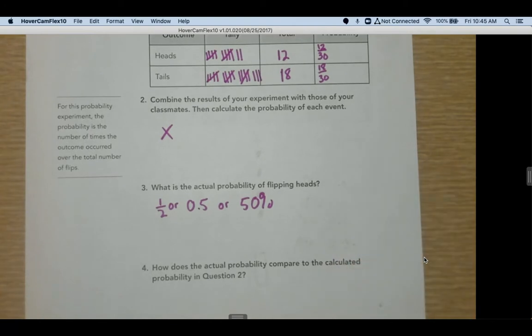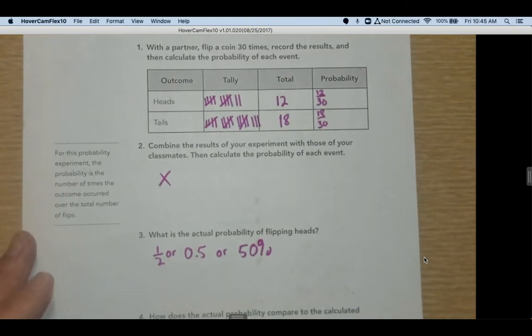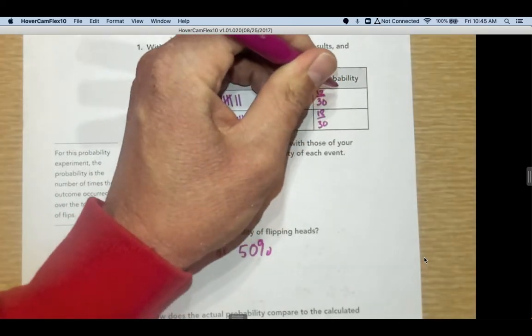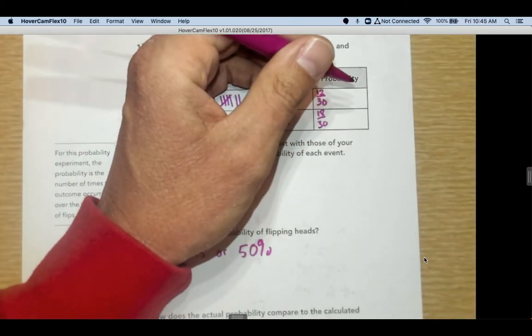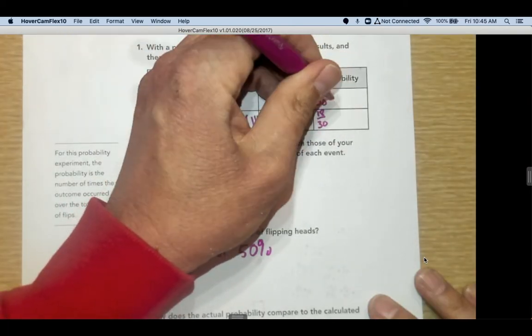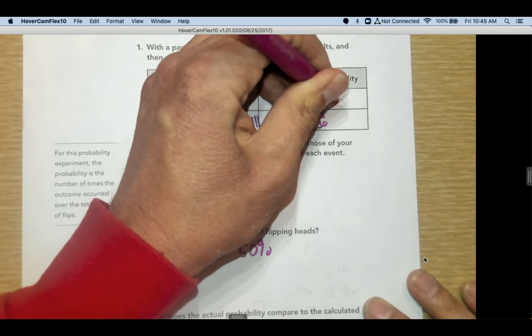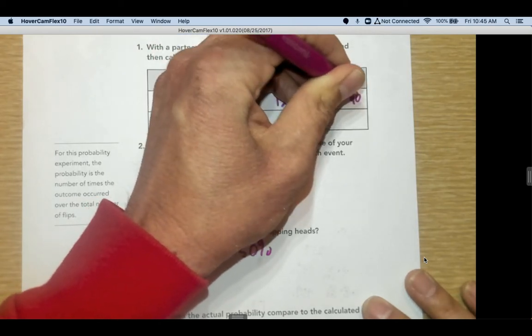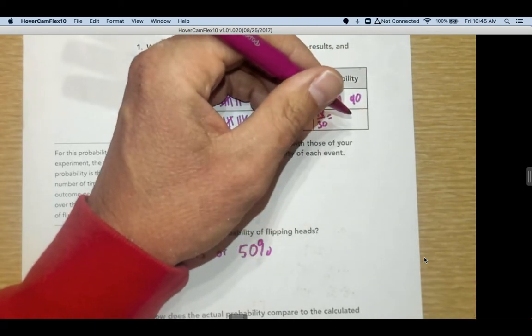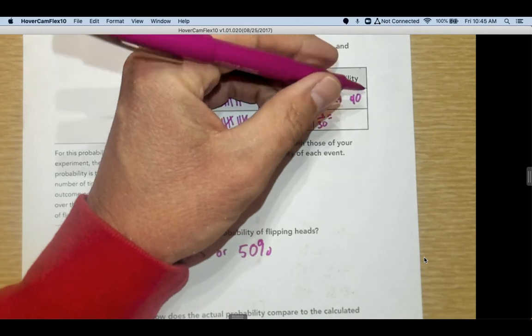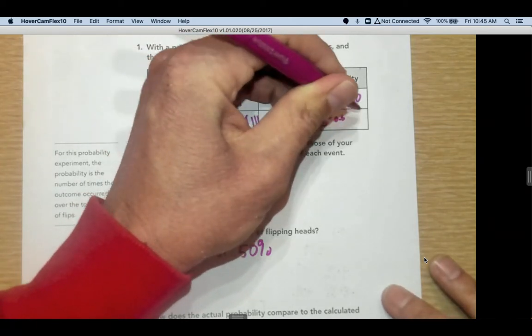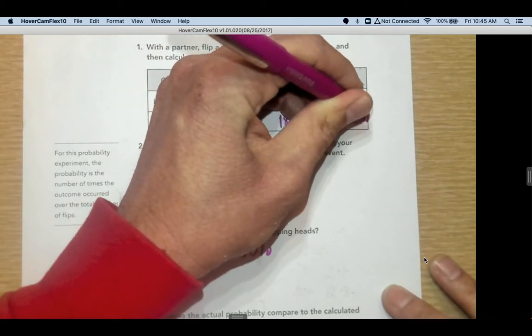In fact, if I go back to the probability there, 12 divided by 30 was 0.4, or 40%. Therefore, 18 out of 30 should be 0.6, or 60%.